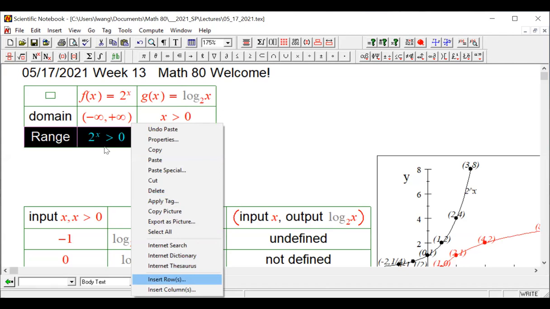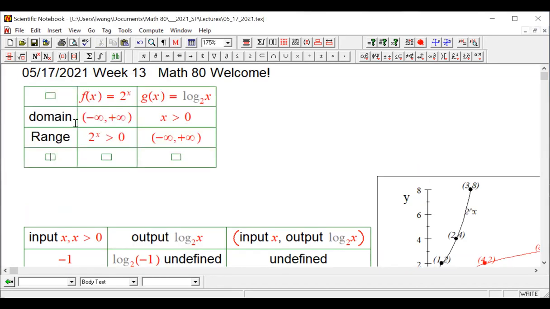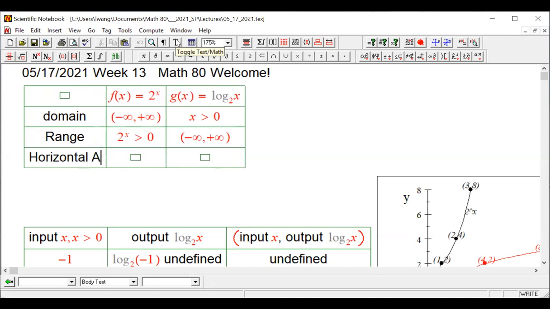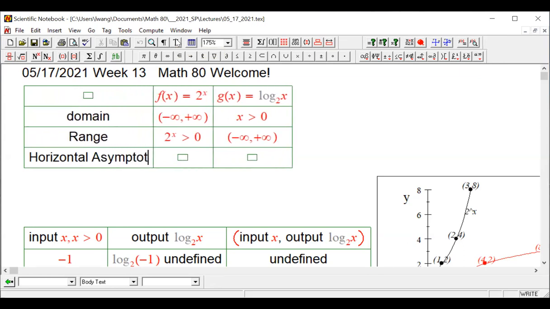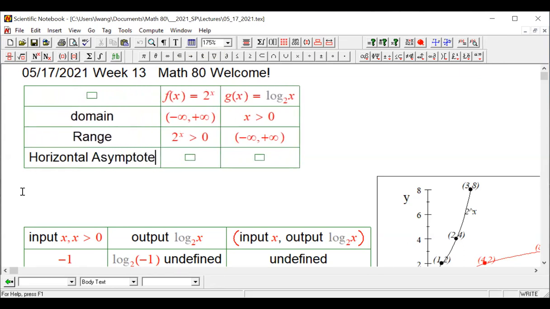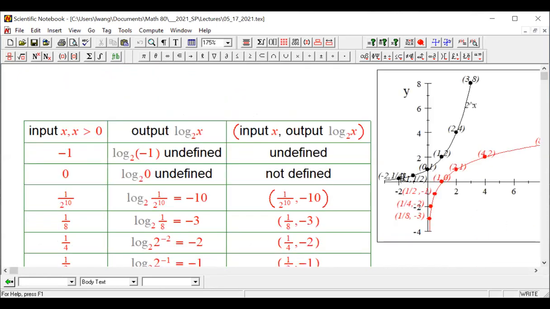Okay, so let's insert a row. Horizontal asymptote. What is a horizontal asymptote? A horizontal asymptote says this curve can get infinitely close to the x-axis, but never touch it. There's always a difference between the curve and the x-axis, and in this case, it's above it.